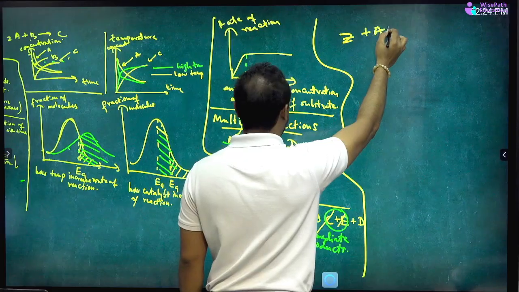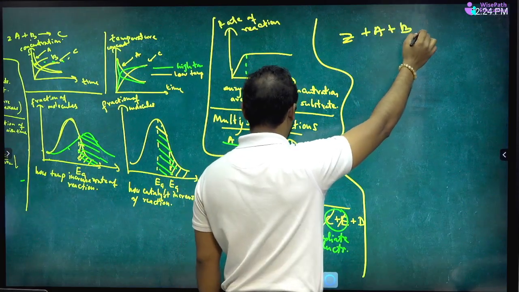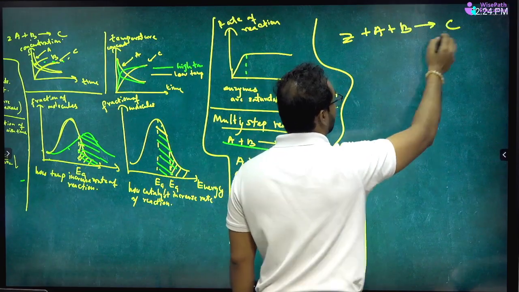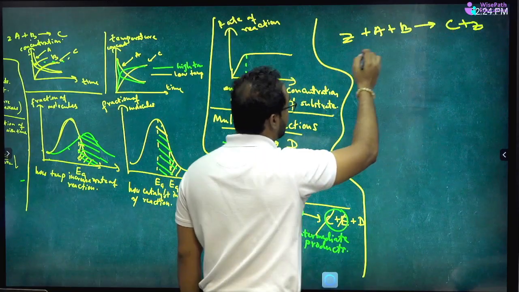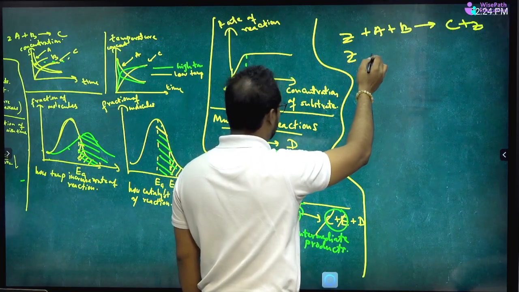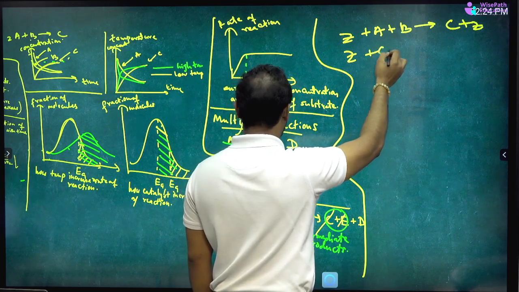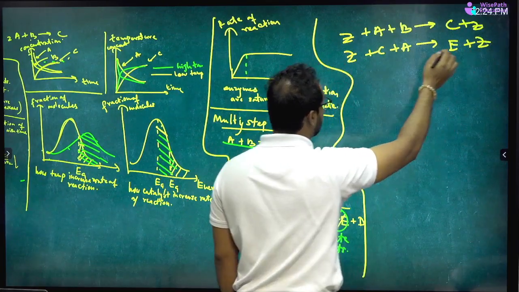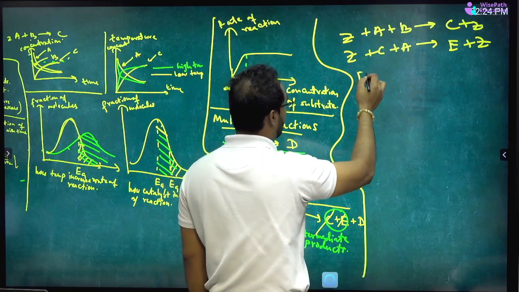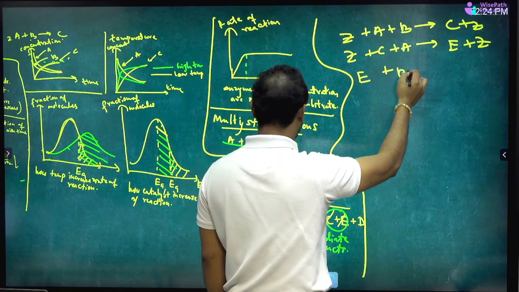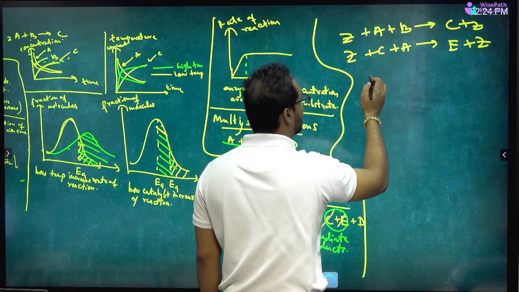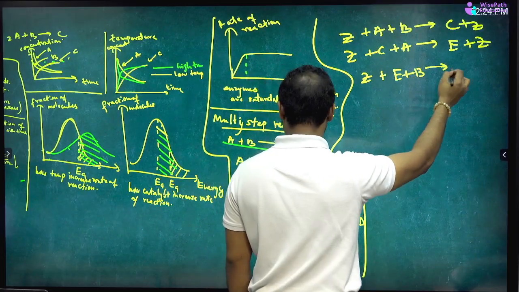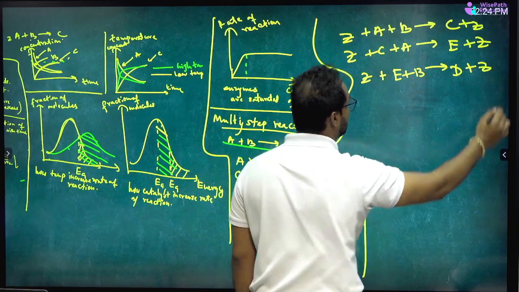Z plus A plus B produces C. Z is released, and again Z comes to the next step. Plus C plus A produces E, and Z is again released. And E plus B, so here again the Z is there, produces D. Again the Z is released.